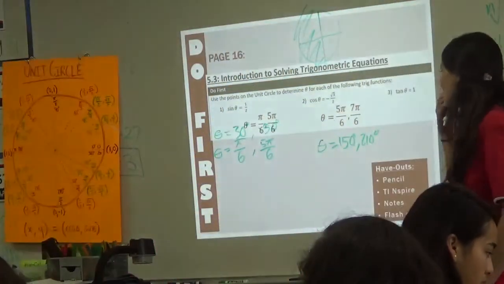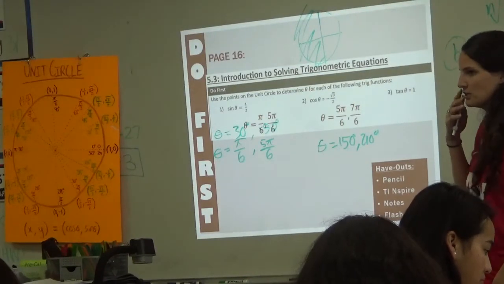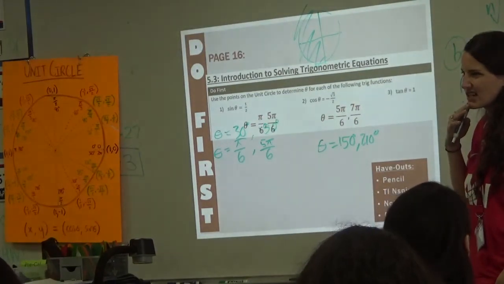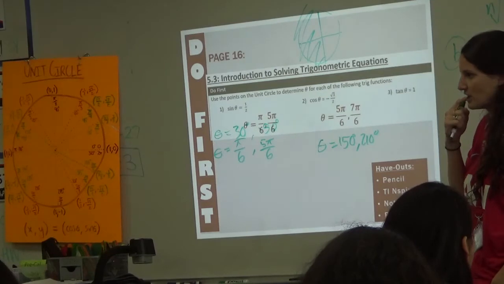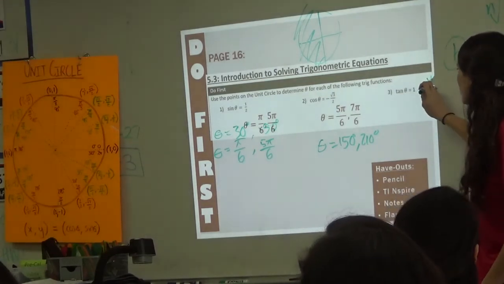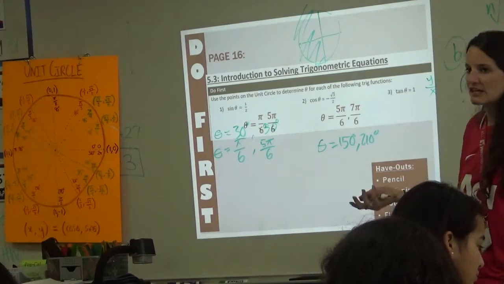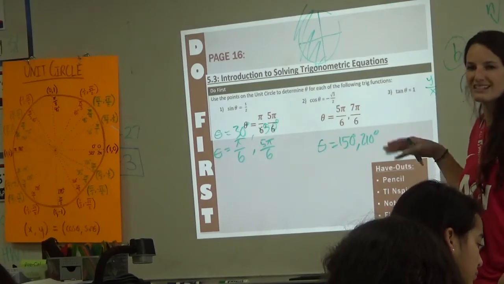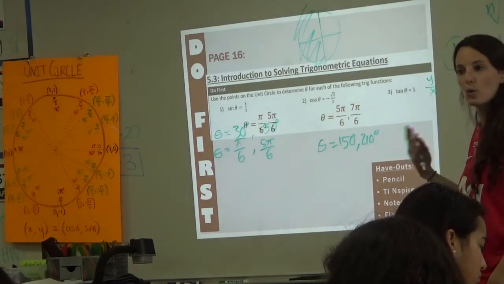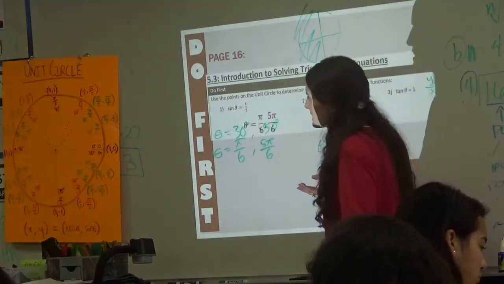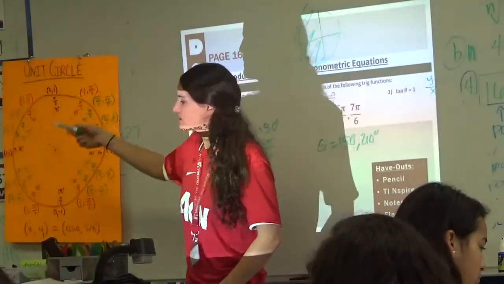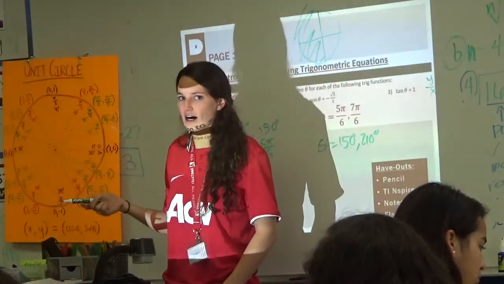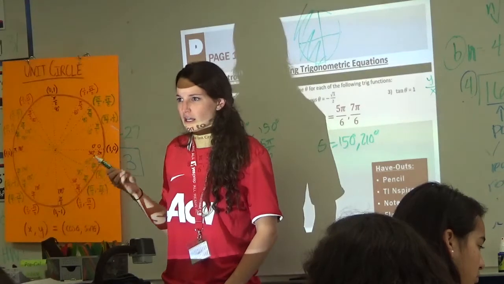Okay. And last but not least, tangent. Tangent is not x or y, but how do we find tangent? We divide y over x, and so it takes a little bit more work, but I gave you one that's not too bad. If it's 1, raise your hand. Does anyone remember which of these x's and y's, when we divide y divided by x, we're going to get 1?